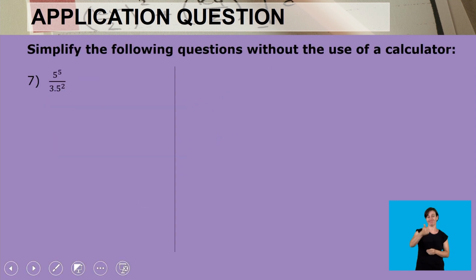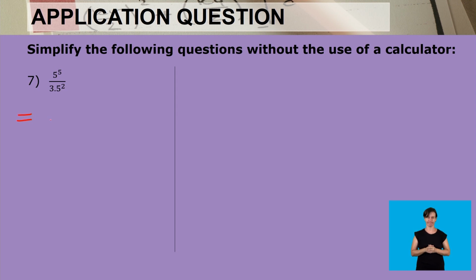Now, the next question says simplify the following again without the use of a calculator. Now we have 5 exponent 5 divided by 3 multiplied by 5 exponent 2. Now remember, when we are multiplying and dividing, we are looking for the same base. So we are going to look for the same bases here.